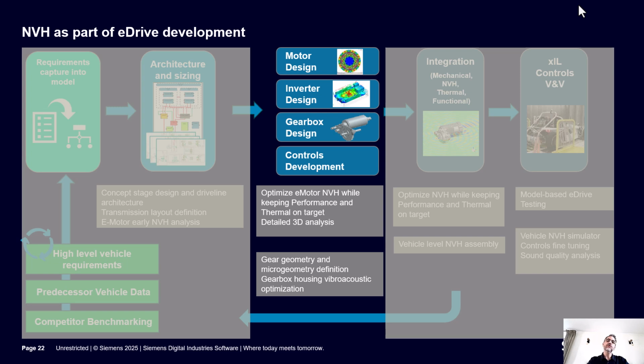So the key will be to optimize the e-motor NVH while keeping performance and thermal on target in our effort to ensure multi-attribute balancing. We will also go into more detail in the definition of gear geometry and microgeometry and start optimizing the housing of the gearbox.